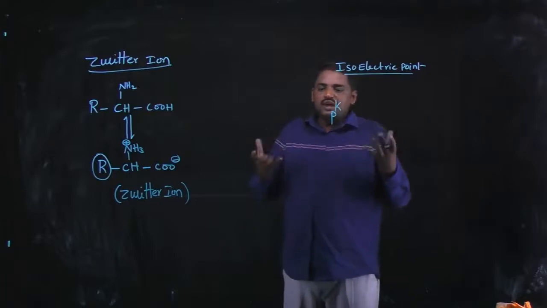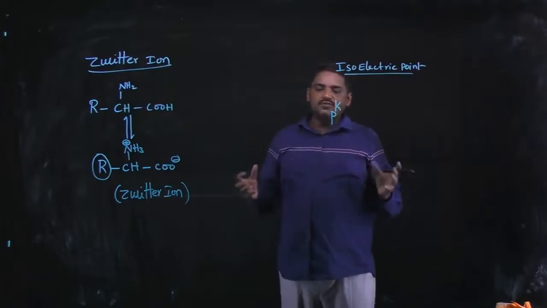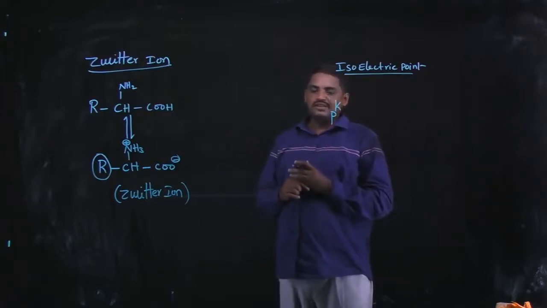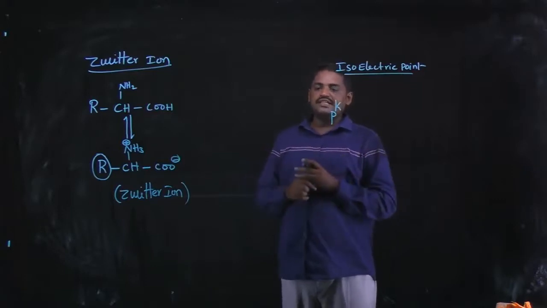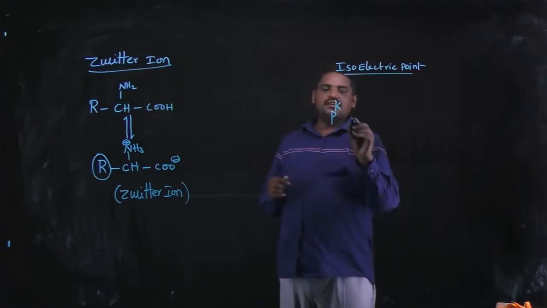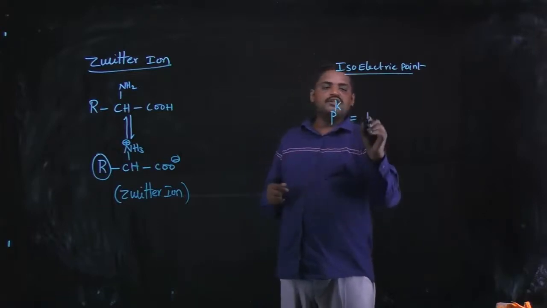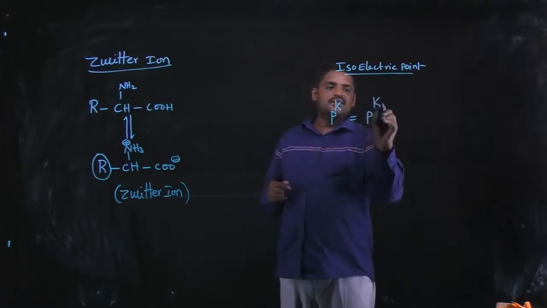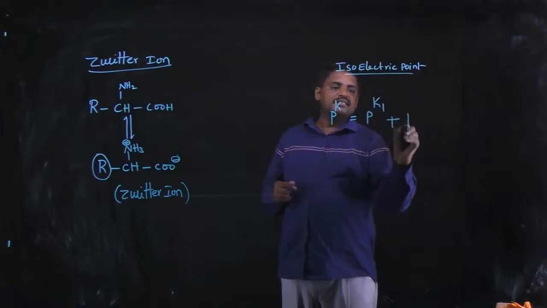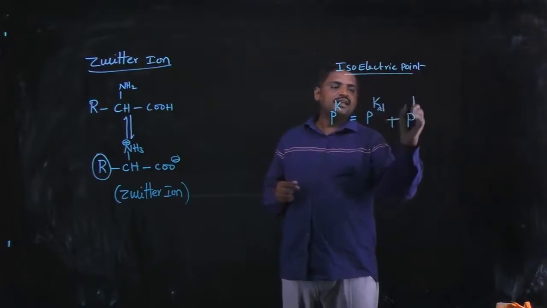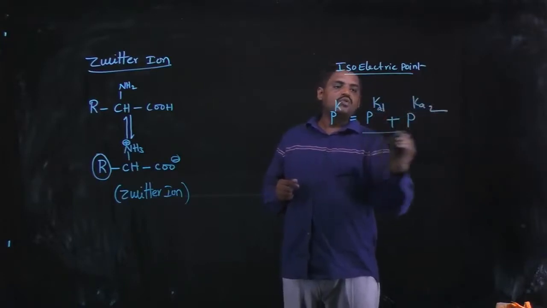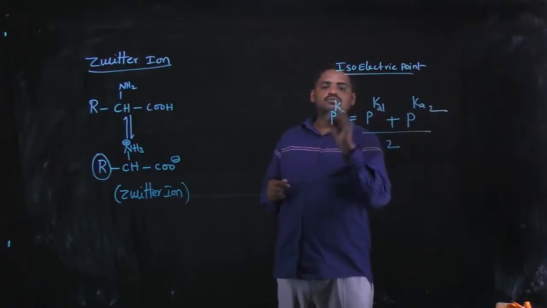For a collection of different amino acids, for example, two amino acids mixed with one another, the isoelectric point is expressed as pKa1 plus pKa2 whole divided by 2.